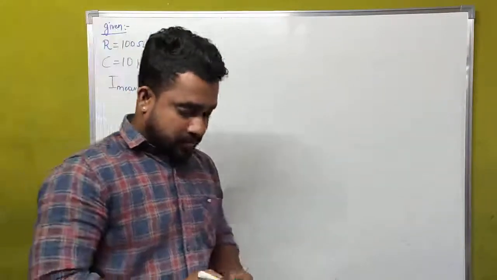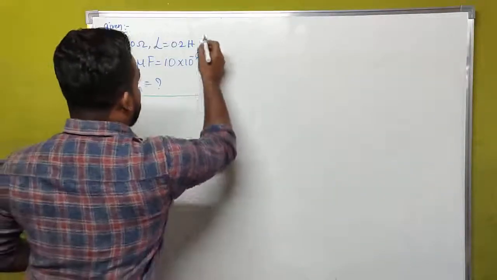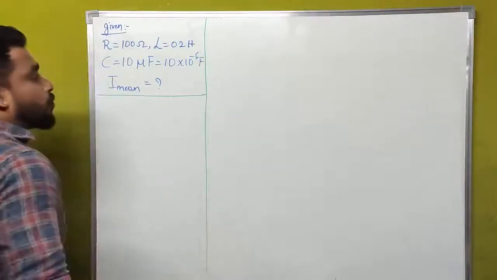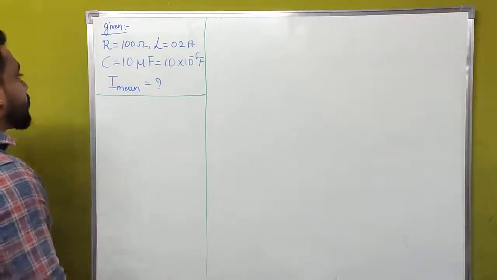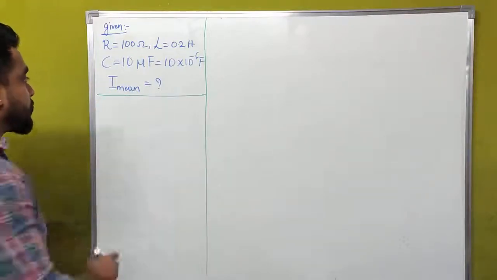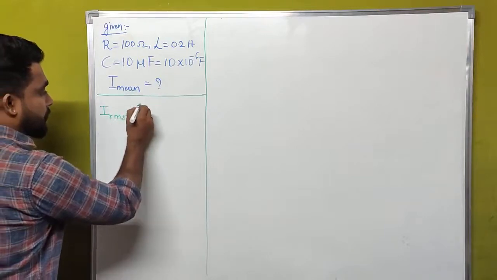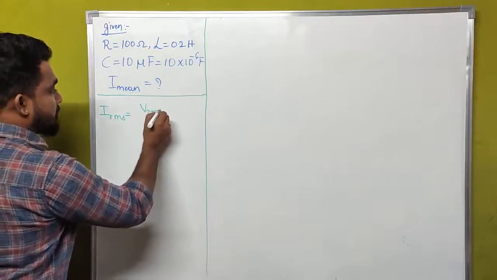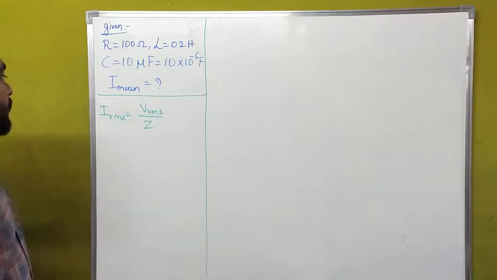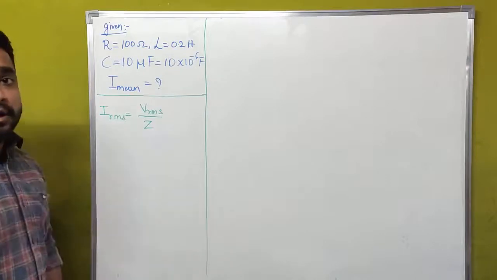But this is not that easy to identify. For that, initially I'll write the expressions for all the currents. That is, IRMS is equal to VRMS divided by Z. If you want to find the value of IRMS, we should know VRMS and the impedance value.